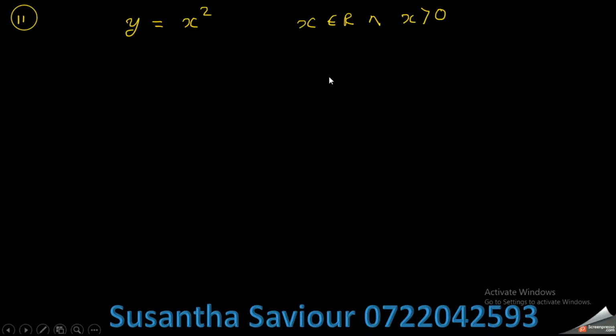Next one, y equals x squared, and now in this case there is a domain restriction. This type of domain restriction you have to clearly understand, because if this restriction is not there, this is not a one-to-one case, right?